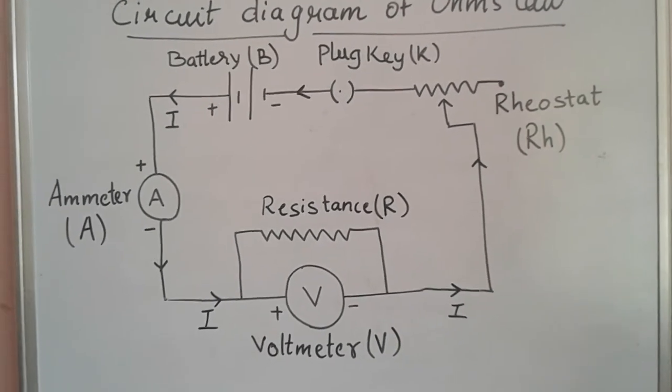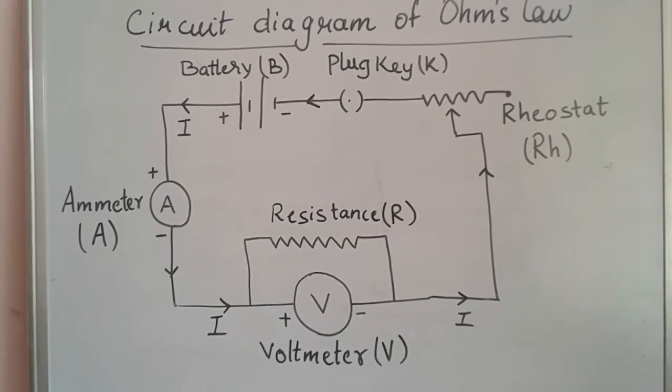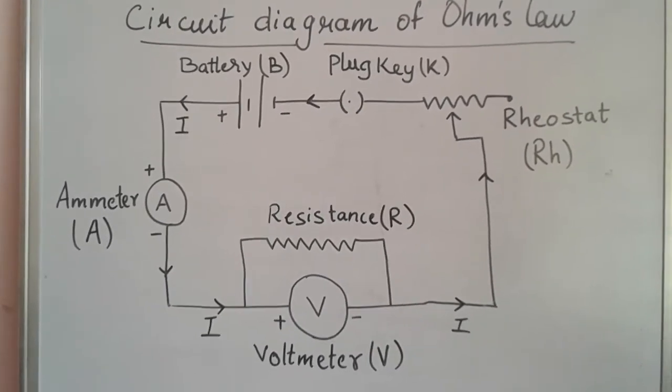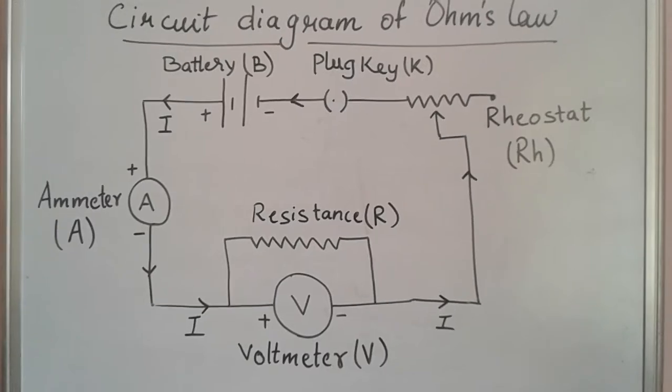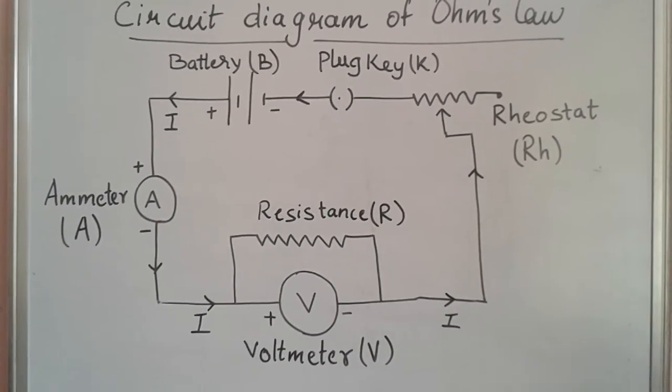A graph is drawn between the potential difference and the current, and it comes out to be a straight line, which tells that V is proportional to I.